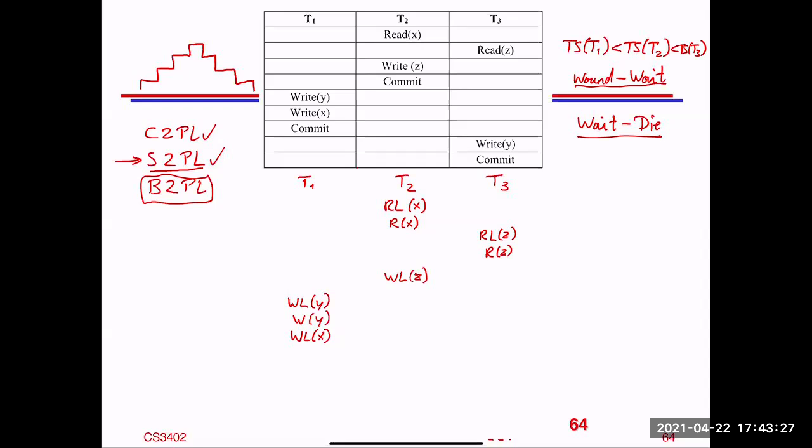Exactly, it's going to be blocked, because T1 is the older transaction and it's waiting for a younger transaction that already holds a lock. So T1 is blocked, T2 is blocked, and now T3 gets to continue.